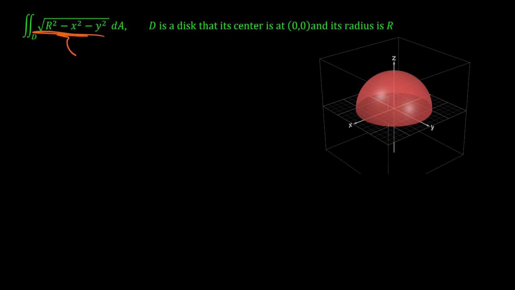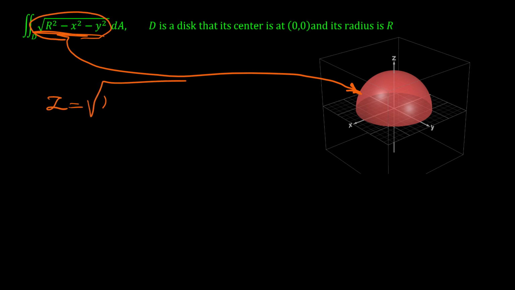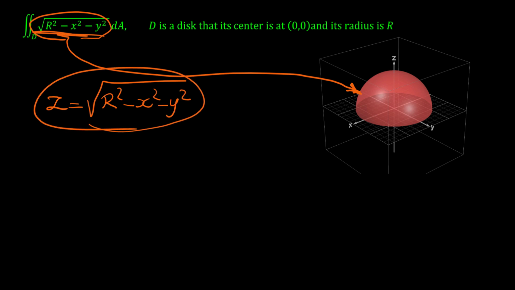Here you can see this surface. The surface z equals square root of r to the 2 minus x to the 2 minus y to the 2 is the upper part of a sphere. x to the 2 plus y to the 2 plus z to the 2 equals r to the 2.